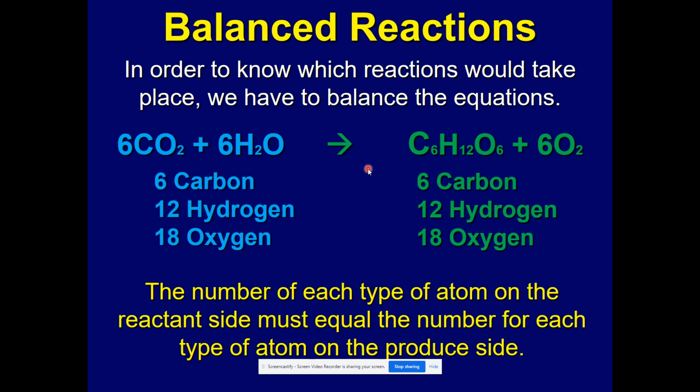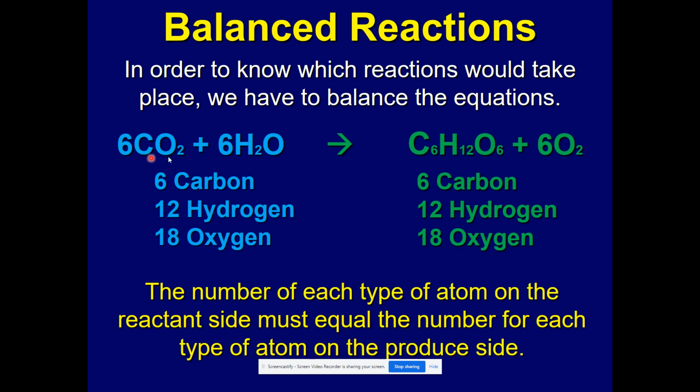If you're in a lab and you have some carbon dioxide and you have some water and you want to make glucose and oxygen, you need to know how much carbon dioxide to add to a certain amount of water molecules in order to produce glucose and oxygen. Right, so that's what a balanced reaction does.